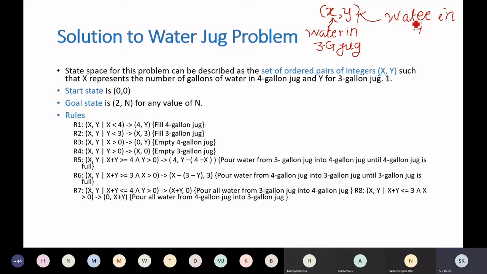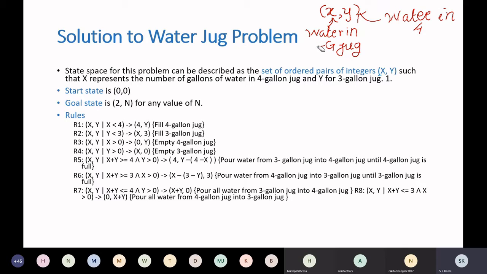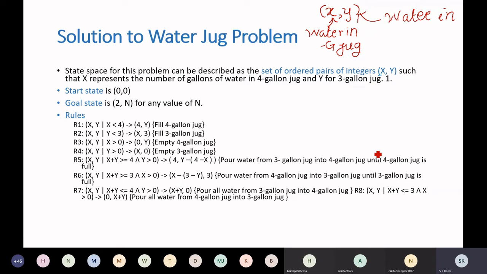Or reverse way also, let us follow the same convention that I have used earlier. First jug we will use for representing the 4-gallon water, and second jug y will represent water in 3-gallon jug, whatever convention you use.